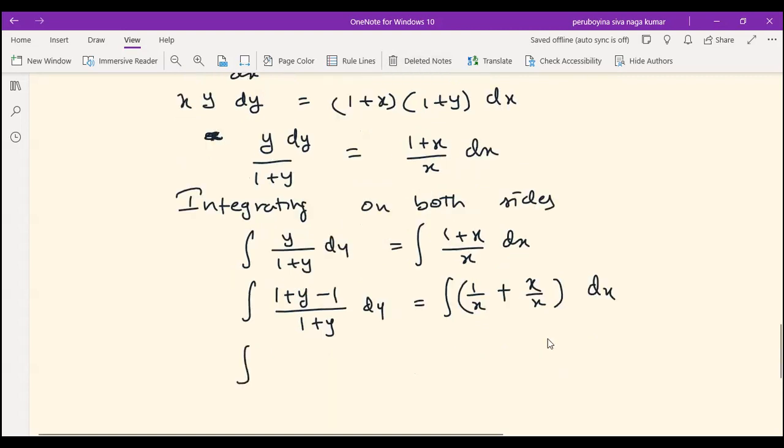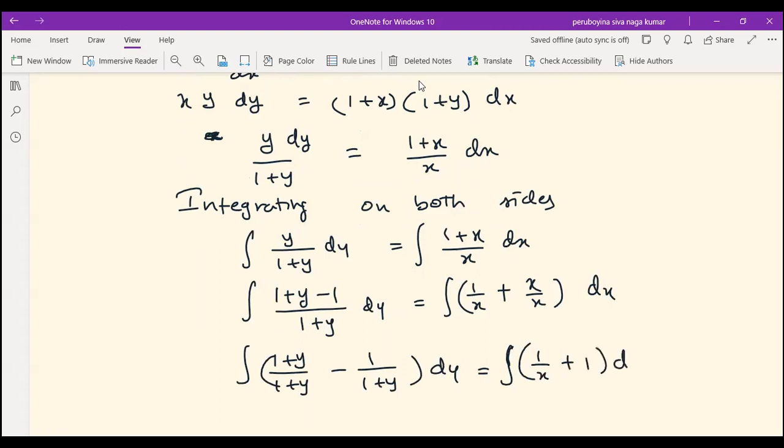Next, here also separate with the denominator: 1 plus y by 1 plus y minus 1 by 1 plus y dy is equal to integral of 1 by x plus x by x, which is 1, dx.